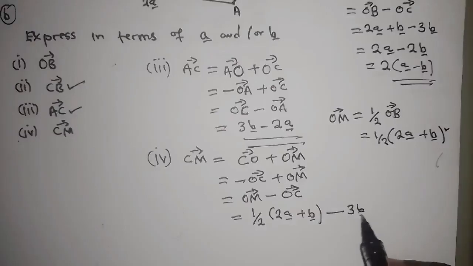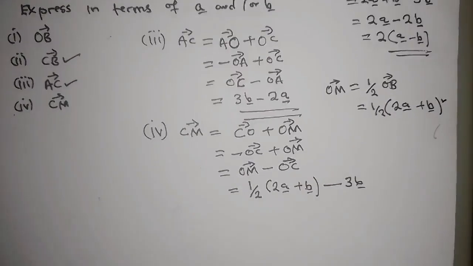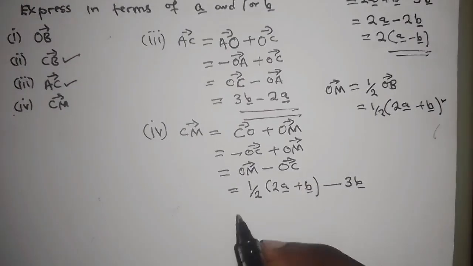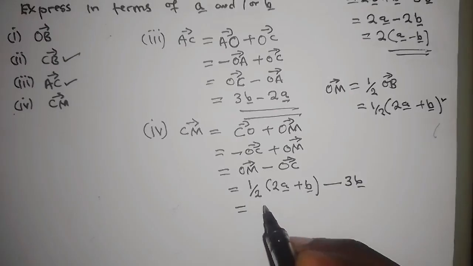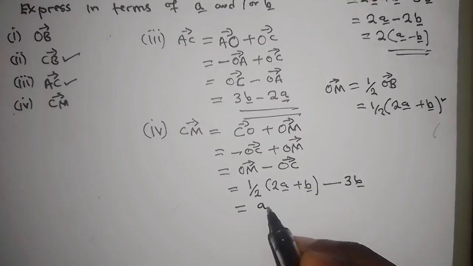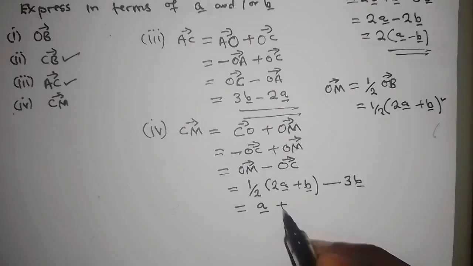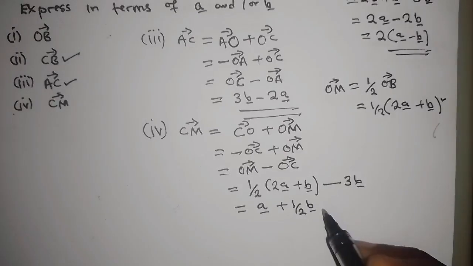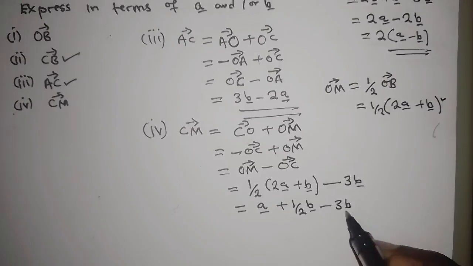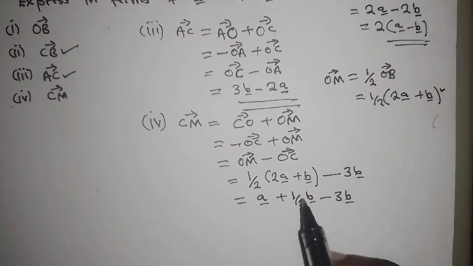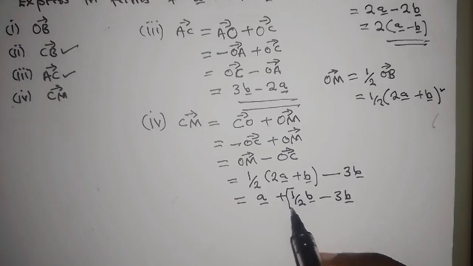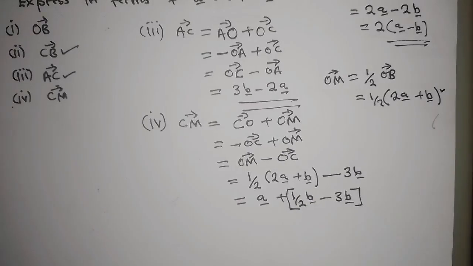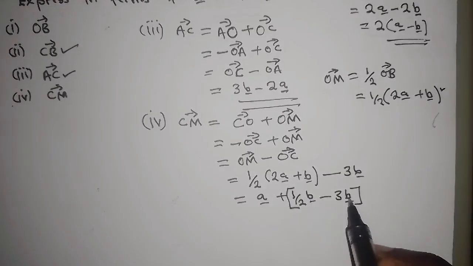From there, you can now simply expand the bracket. So this times this is just going to be vector A, and this times that is just going to be half vector B, and minus 3 vector B.